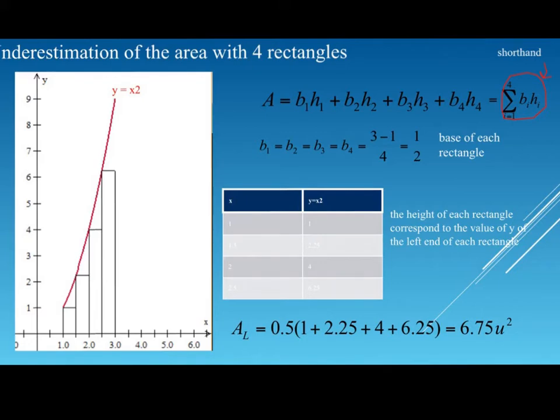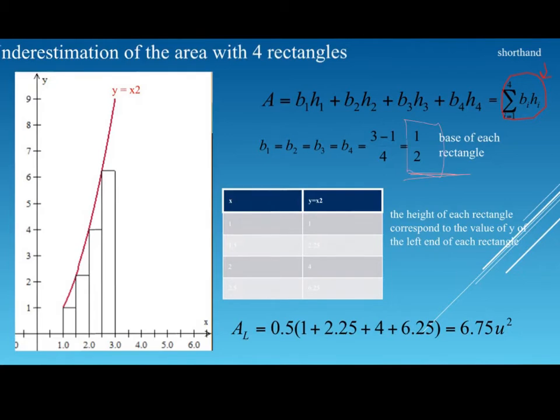If we divide the distance from 1 to 3 into 4 pieces, the base of each rectangle will be 3 minus 1 over 4, which is the number of rectangles that we want. So the base of each rectangle is 1/2.